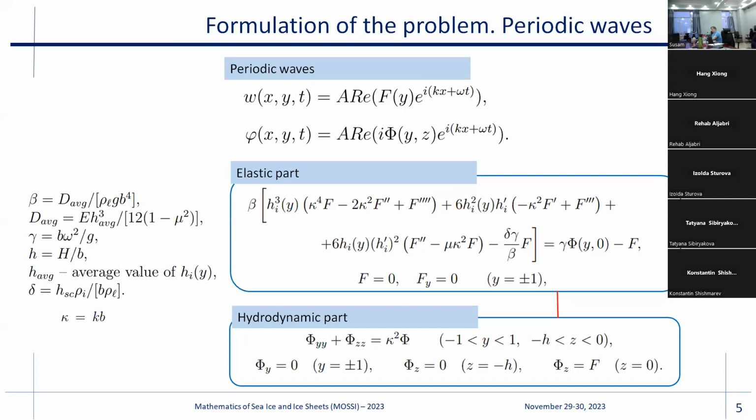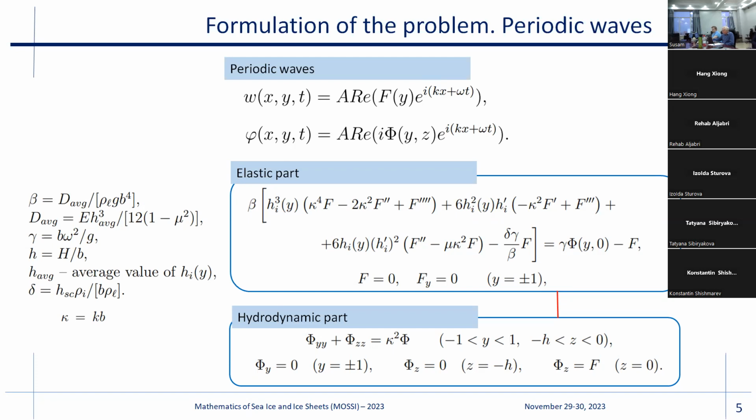This boundary problem is written in dimensionless variables. Frequencies and wave numbers are included in some coefficients of these equations. And in this formulation, we don't need initial conditions, conditions at infinity, and any external loads.